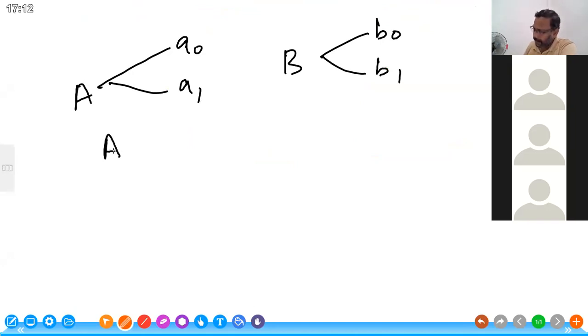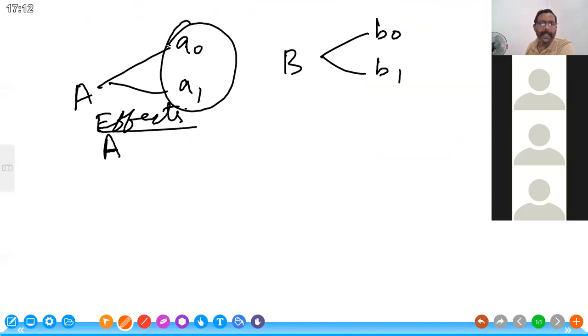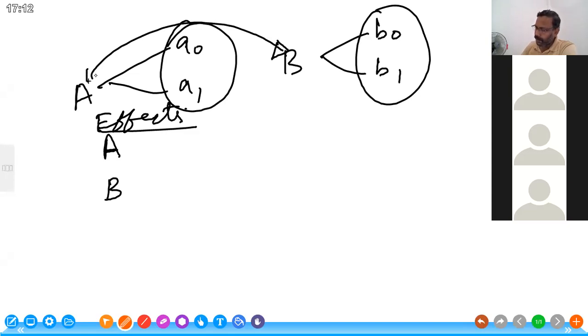So we have effects. Effects due to factor A, that means between these two. Effects due to factor B, that is the difference between those two. And the effects between these two, which is called interaction. So these are the three effects that we can come across in this case.